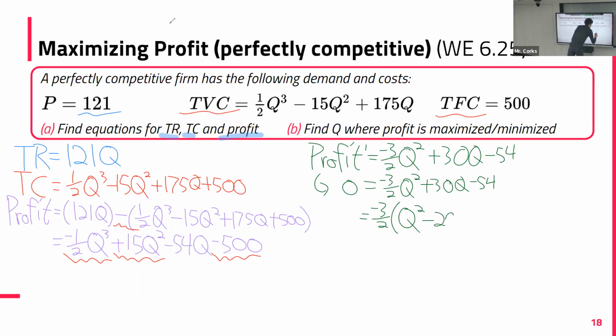Okay, minus 20Q and minus 36. Negative or positive? Positive. Positive 36. So the negative term we're factoring out, so the signs on each of these things are flipping and multiplying by 2/3. So 30 times 2 is 60, divided by 3 is 20. Same thing for the 54 there.